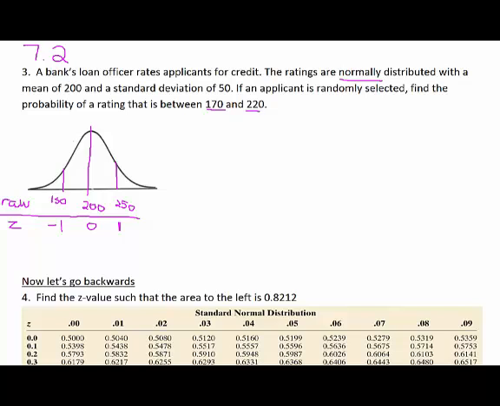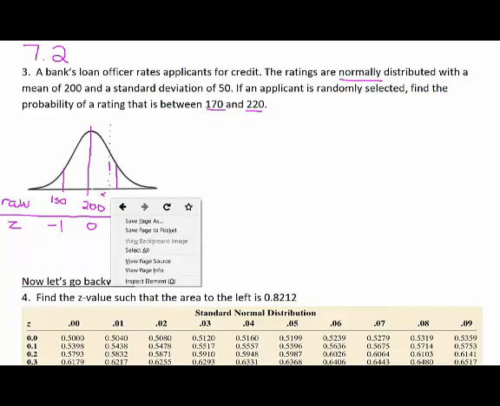Well, remember how we do between? Because on the z chart, it only gives us readings to the left. And so this would be about 220. There's my 220.